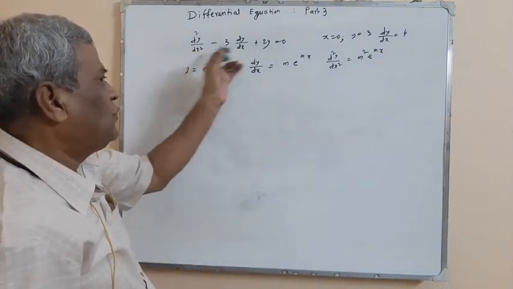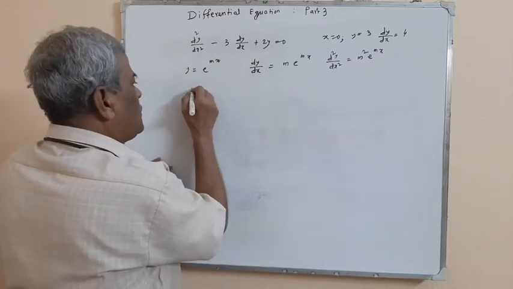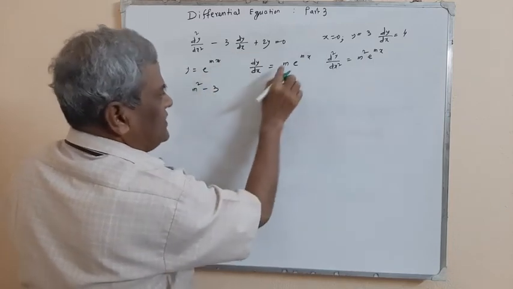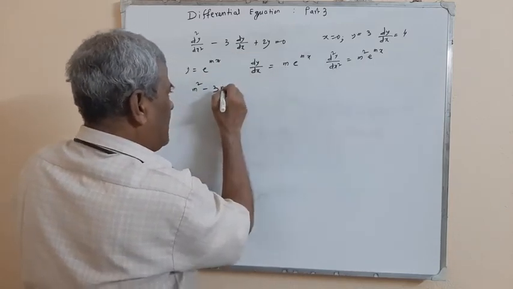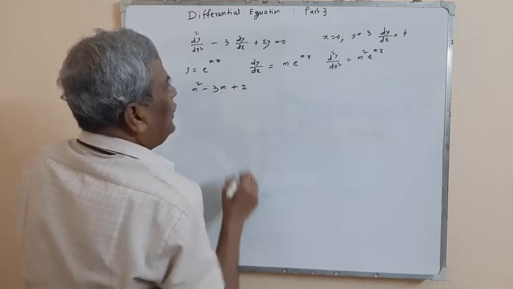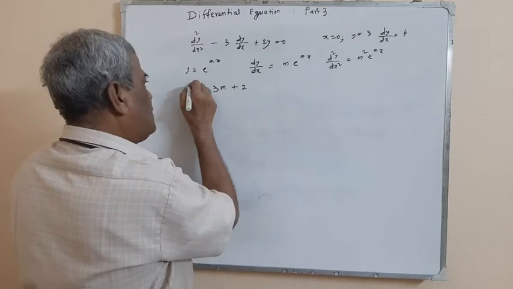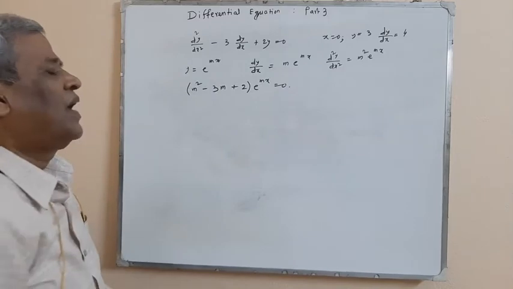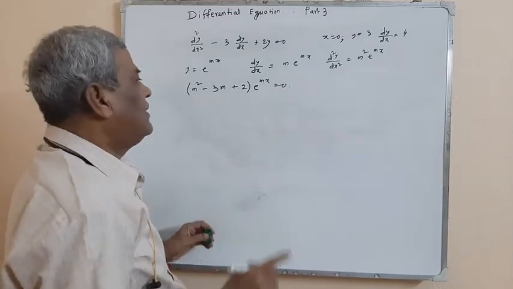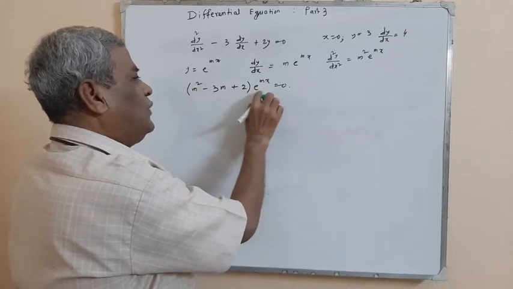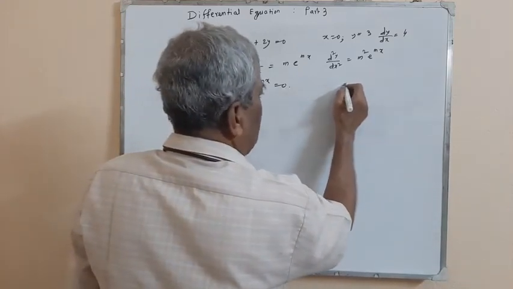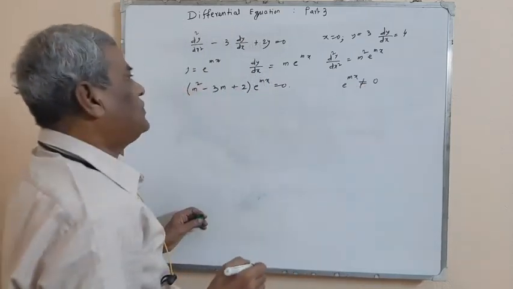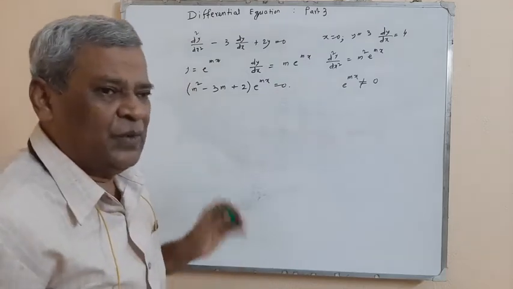Now put all these values here, we get m square into e to the power mx minus 3 m e to the power mx plus 2 e to the power mx equal to 0. e to the power mx cannot be taken as 0, because if it is, then all solutions are 0.